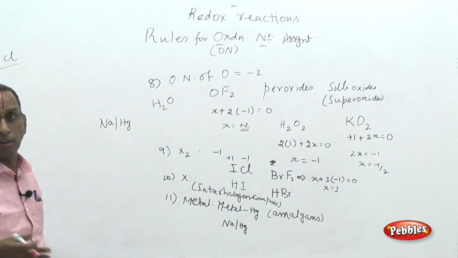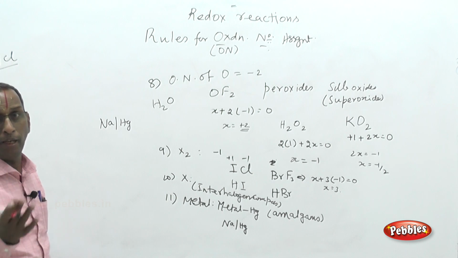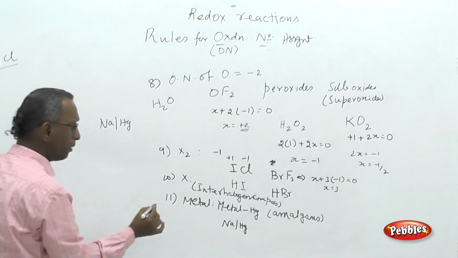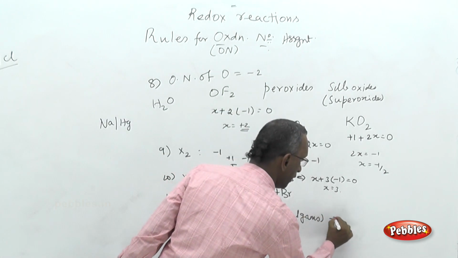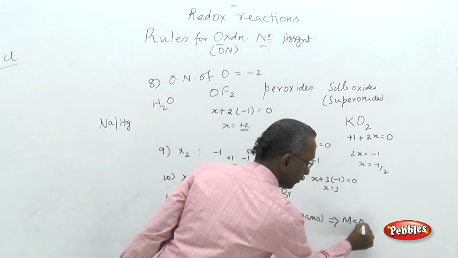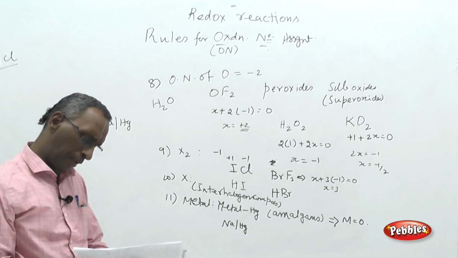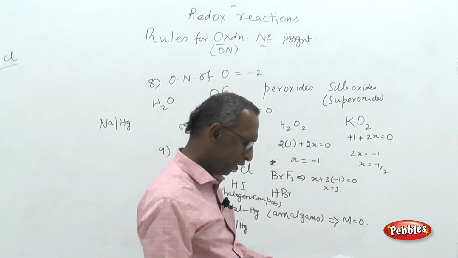If you assign positive oxidation states for both, it will lead to chaotic results. So only in amalgams, such as tin amalgam and zinc amalgam, the oxidation state of the metal is 0.